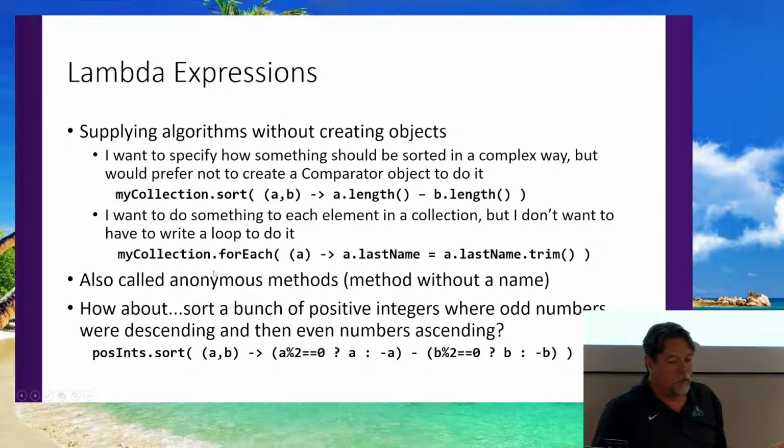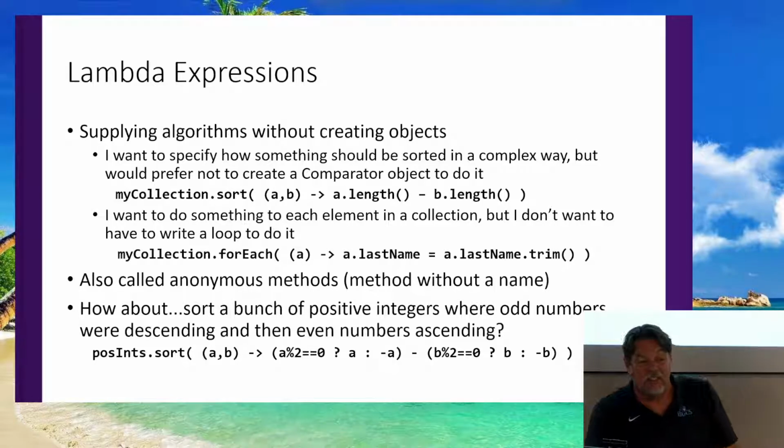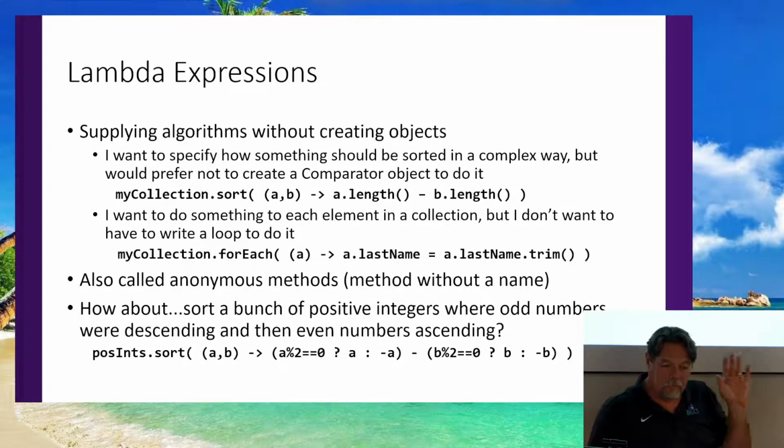Pretty powerful. And again, thinking of this dot for each as a syntax with which I can iterate over a generic list of things, that's pretty darn powerful to be able to write all in one statement. So again, you don't have to know it, but if you do know it, you can do some pretty interesting stuff in Java and other languages that support lambda expressions.